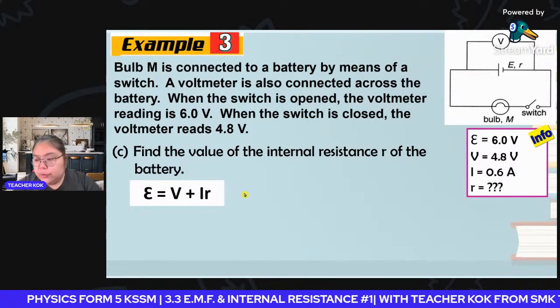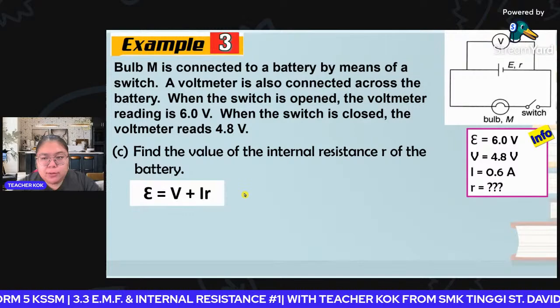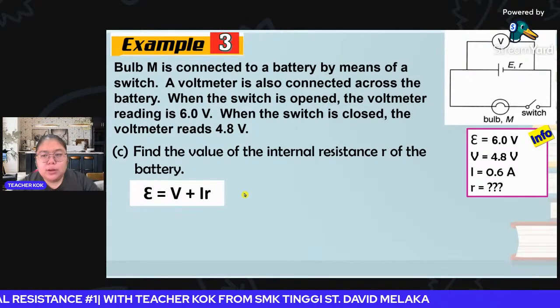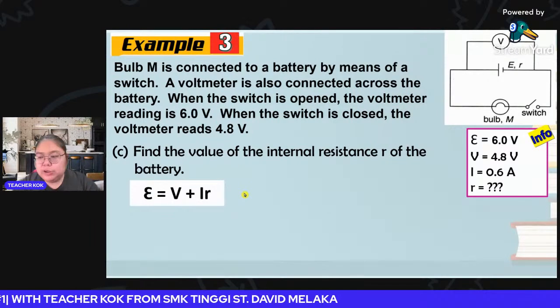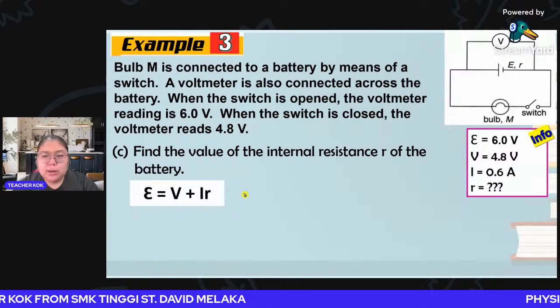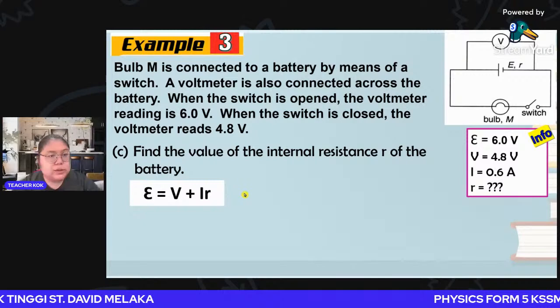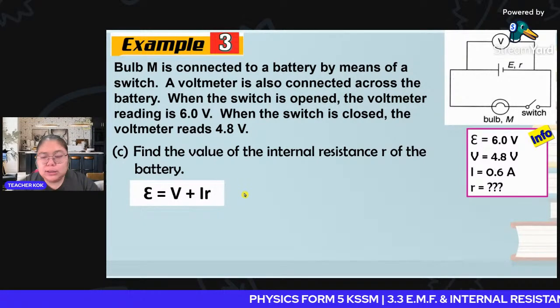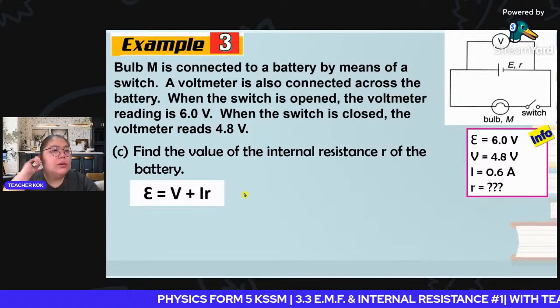Okay, so from here we can see the answer from the student. 6 is the EMF, then the potential difference is 4.8, then you got the 0.6. Okay, now the problem you need to find is the internal resistance.